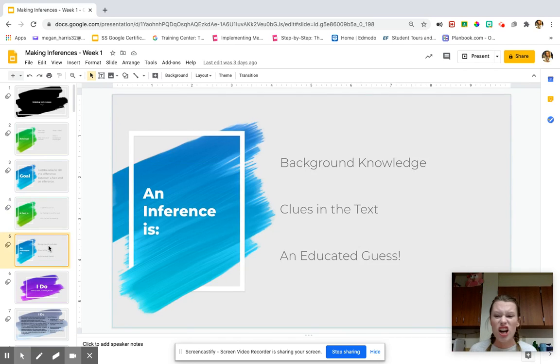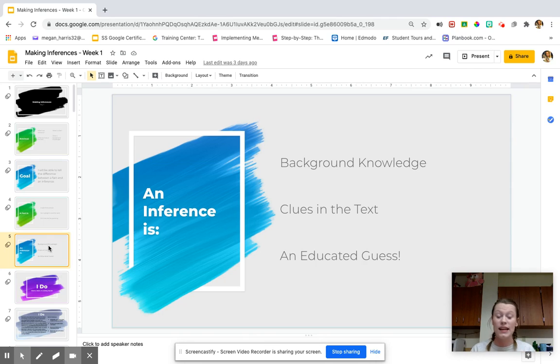Okay, let's talk inferences. They're a little bit harder, okay? I have to make a guess. They aren't right there in the text. That's where I have to use my background knowledge and clues in the text to make a guess. So, what is background knowledge? Background knowledge is anything I already know about, okay? Anything that I've already had experience with.